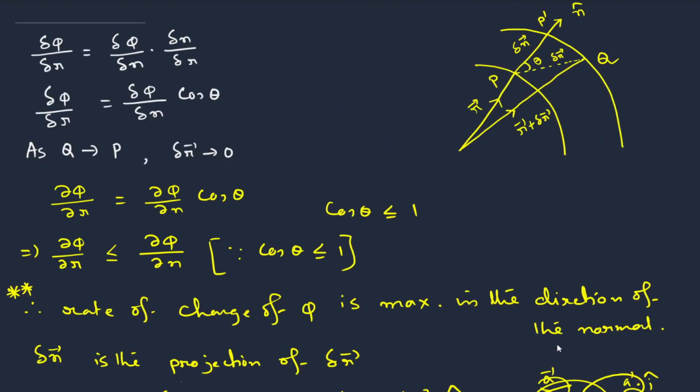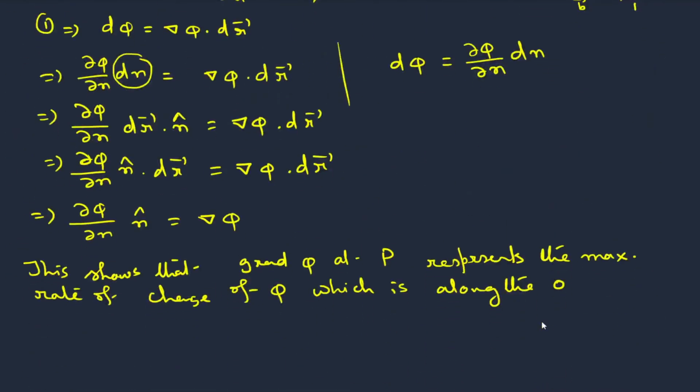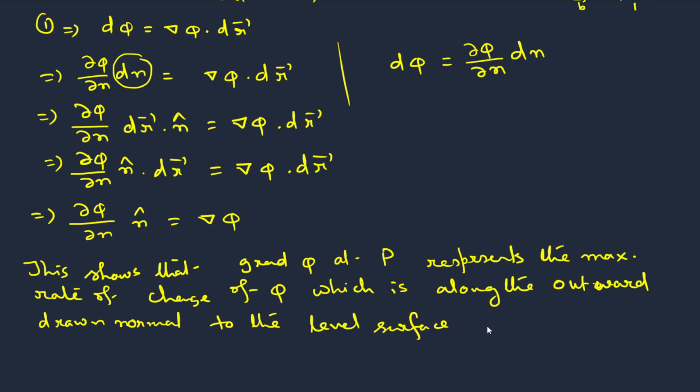N cap is the outward drawn normal, and this normal we drew to the level surface at the point P. So you can also say that nabla phi is in the direction in which phi increases most rapidly. That way also you can say.